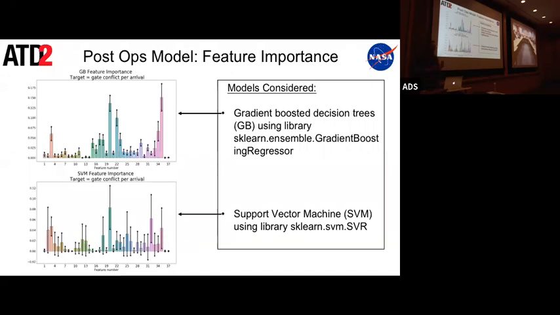The idea here is not to care too much about what these features are or why they're important. But when you look at, say, the support vector machine, you can see that some features have essentially 0 importance. If you have a feature that is not very predictive of your target and you include it in your model, you can essentially inject noise into your model.